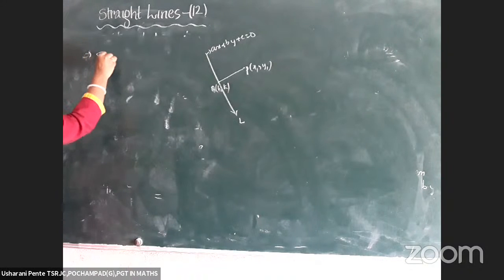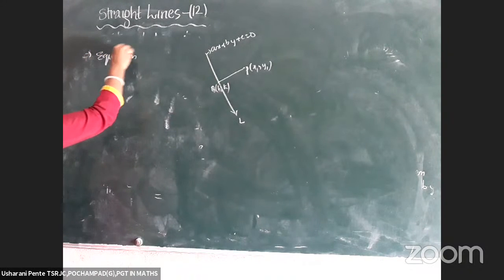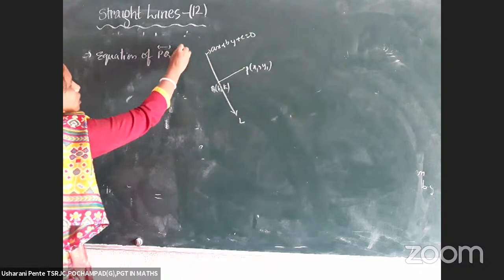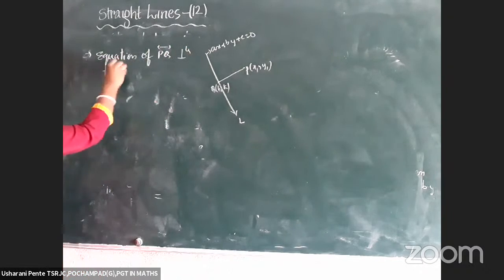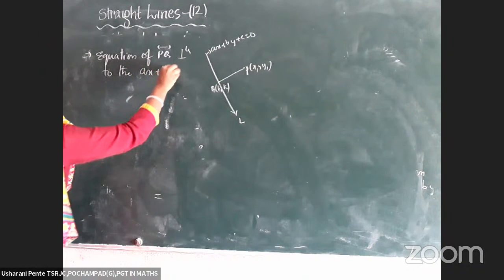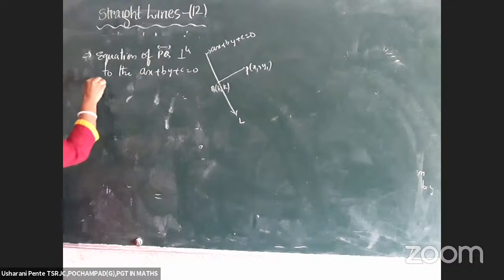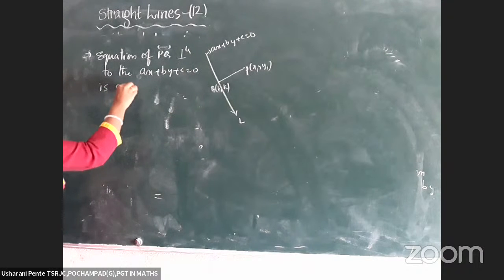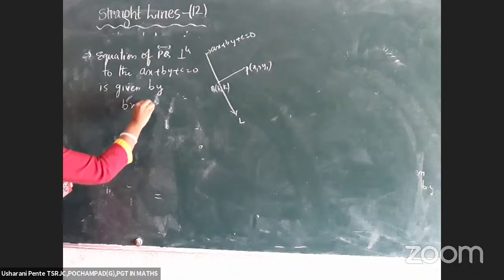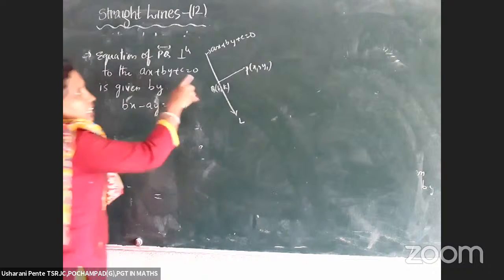So the equation of PQ, which is perpendicular to the given line ax plus by plus c is equal to 0, is given by, as already discussed, bx minus ay is equal to 0.